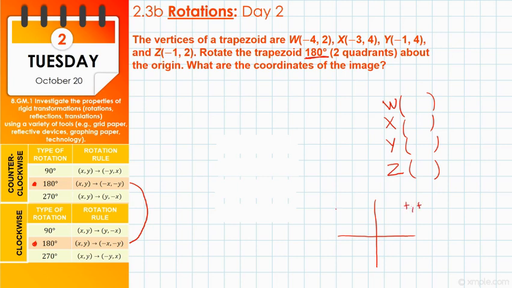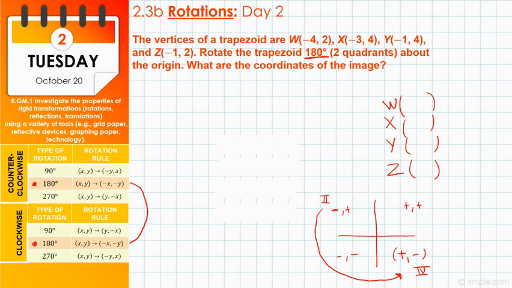Quadrant 2 is negative, positive. Quadrant 3 is negative, negative. And quadrant 4 is positive, negative. So all of my coordinates are negative, positive, which means I'm starting in quadrant 2. If I start in quadrant 2 and have a 180-degree rotation, I'm going to end up in quadrant 4.